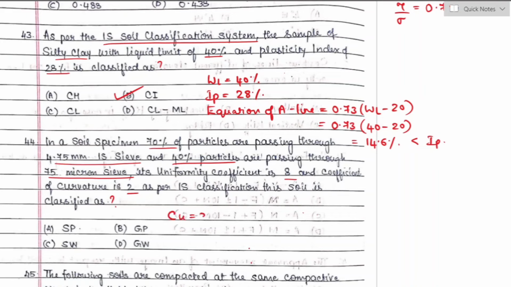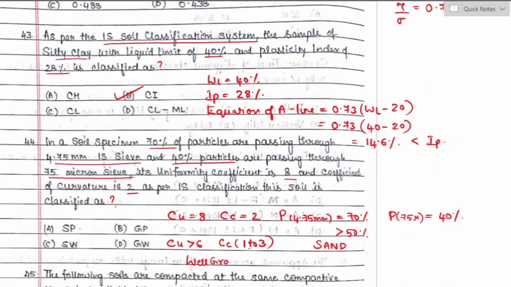Since the percentage of the particles passing through 4.75 mm is greater than 50%, it will be classified as sand, and for a well graded sand, the coefficient of uniformity should be greater than 6, and the coefficient of curvature should be between 1 to 3.